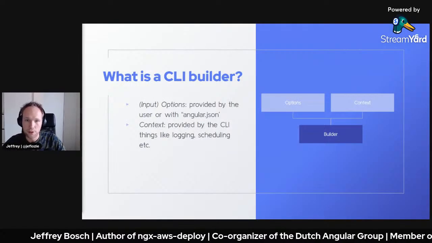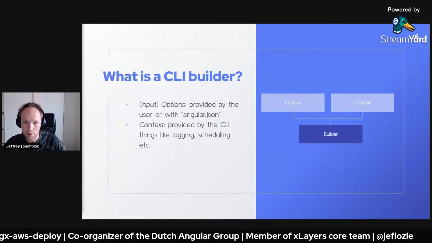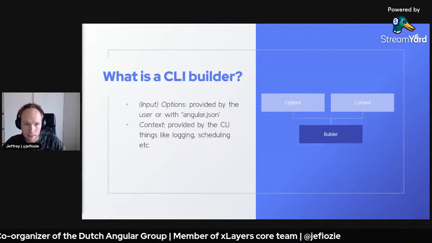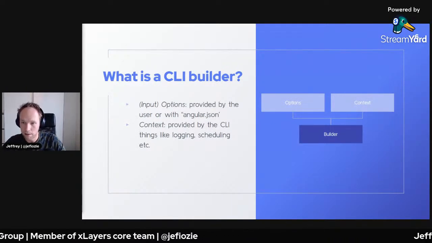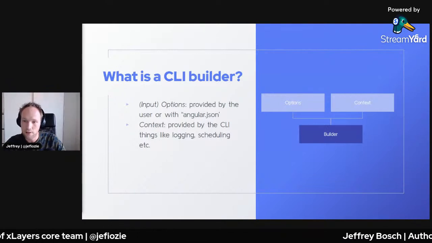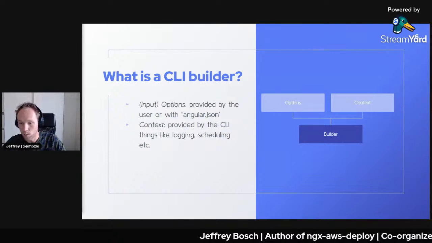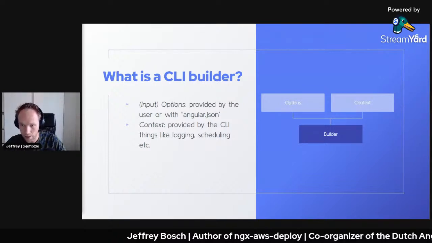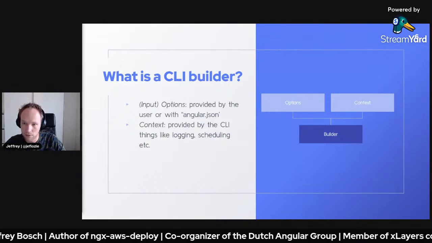To make a builder, you need a couple of things. Basically, a builder needs two inputs. The first is options. The options are provided by us, the users, or within the Angular JSON. The Angular JSON is basically a set of configurations or options that, when executed, will be read to execute a builder. But we can also do this by giving flags to the CLI.